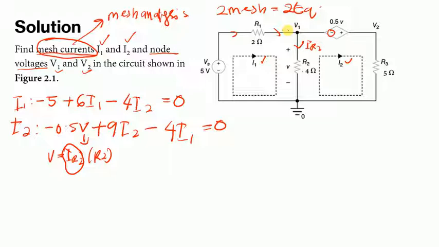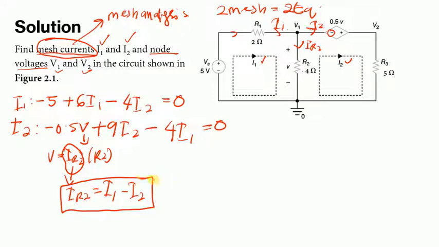Here is I2, here is I2, here is I1, and here is IR2. So you can see that IR2 is equal to I1 minus I2.